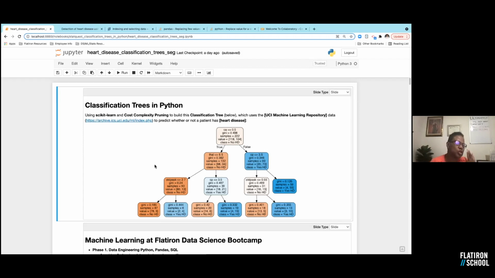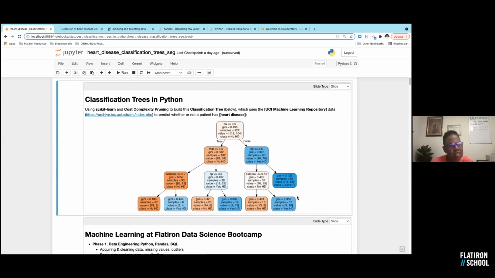It would use the different features of the patients: age, gender, heart rate, cholesterol, all these things. You decide if the patient has heart rate or blood sugar or cholesterol more than a certain value or less than a certain value, and you keep going like that until you get to the end. It usually would give you some kind of value, and some decision trees end with a percentage, but this one is a simpler one. We have a smaller data set.